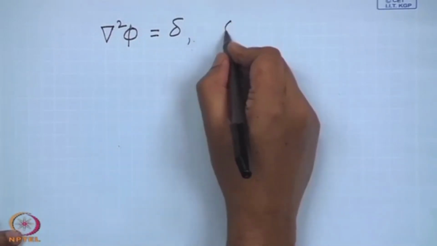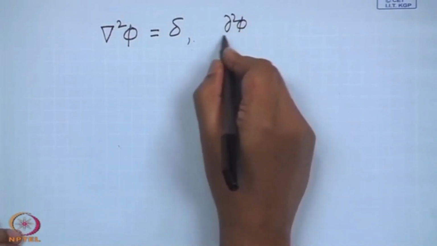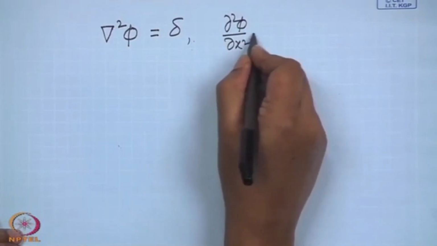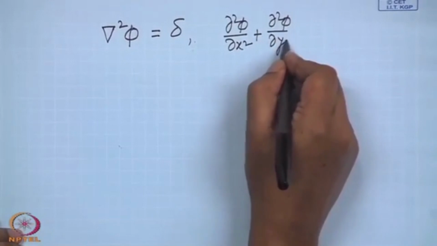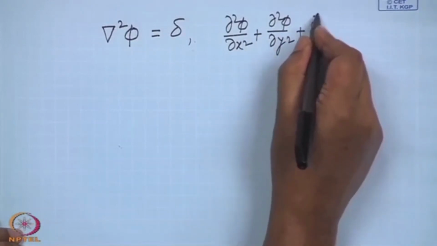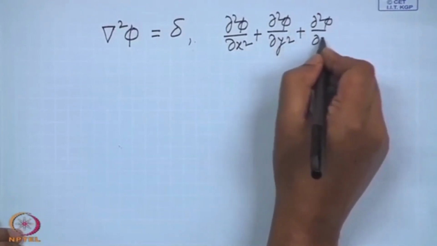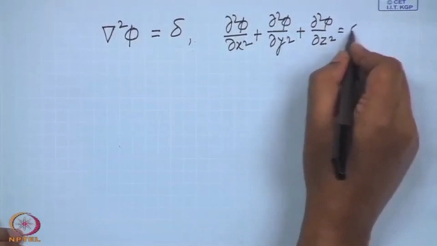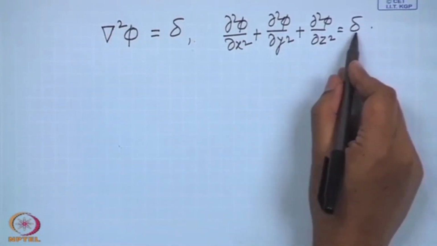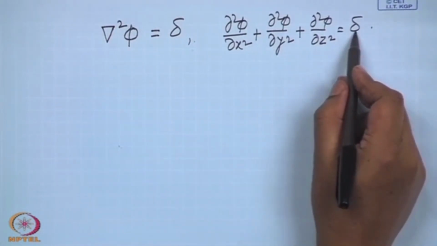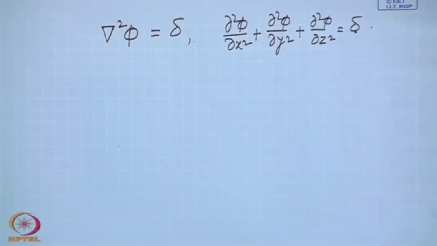This can also be written in Cartesian system. And remember this delta, that expansion distribution, rate of expansion distribution, is a function of space and time, though we are not writing explicitly all the time.